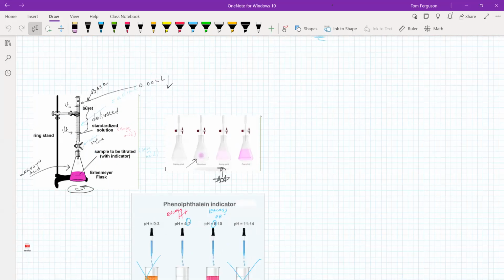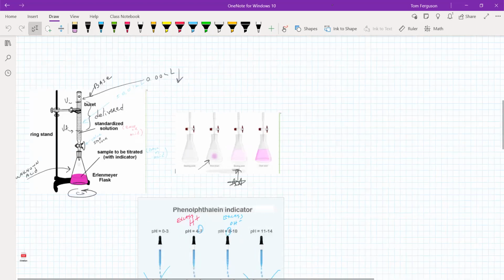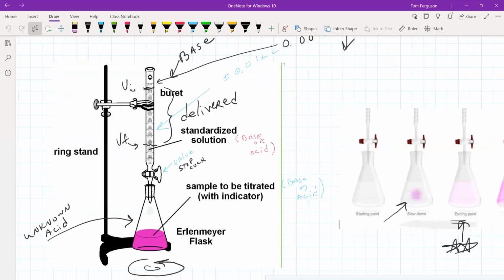Okay, so let's look at a titration problem. Okay, a couple weeks ago, we did our sodium hydroxide standardization, which was a titration. So basically, we had acid at the bottom, the KHP, and then we had sodium hydroxide up above.